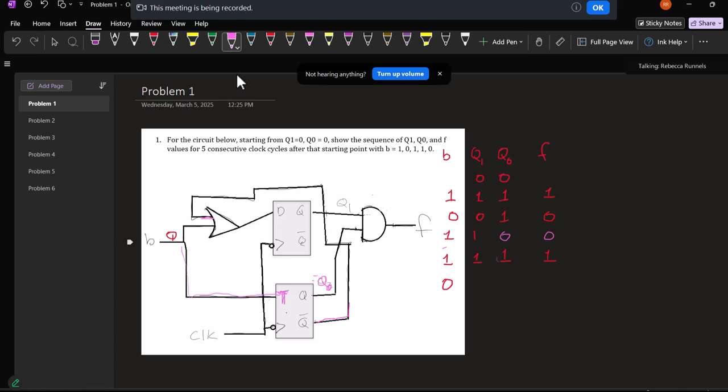So Q0 was 1 last time, so the not of Q0 is 0. So the two inputs to my OR gate are 0 and 0. The OR of 0 and 0 is 0. So Q1 now is 0. B is the input into the T flip-flop, and an input of 0 means you don't change, and so Q0 is 1. And so my output is the AND of 0 and 1, which is 0.